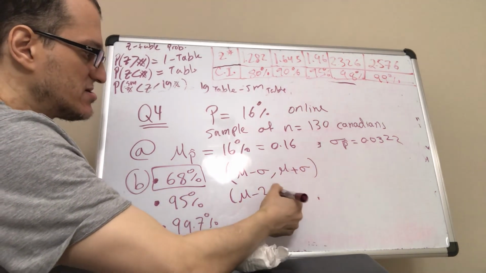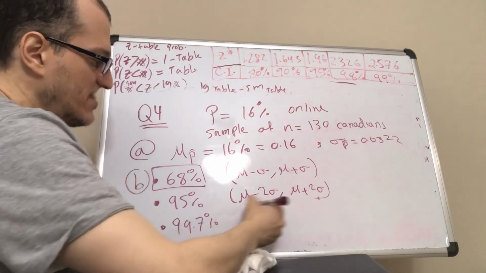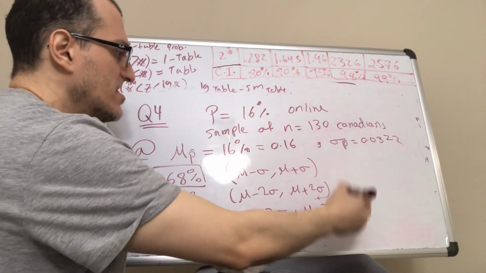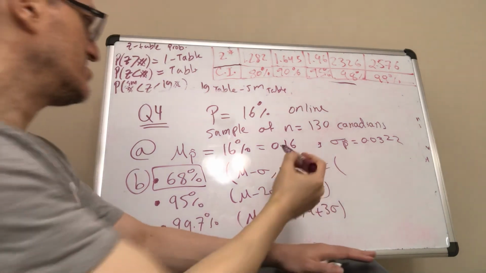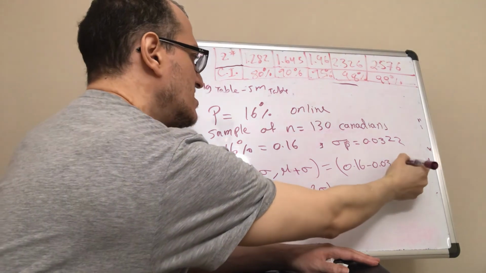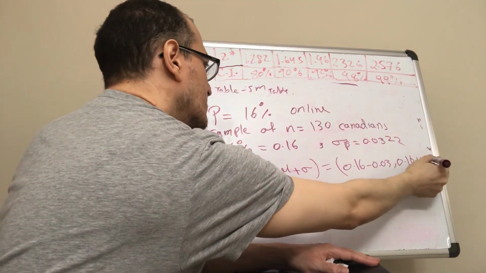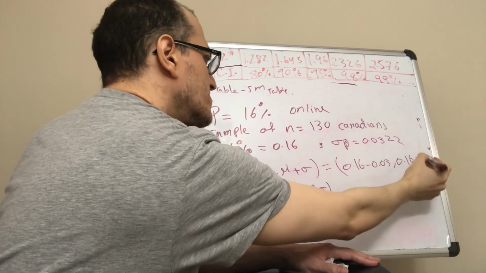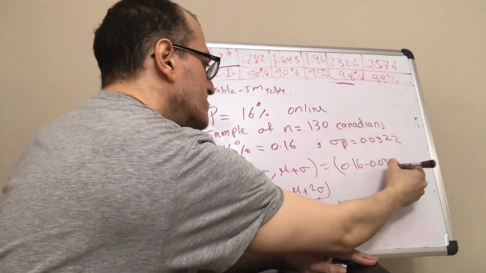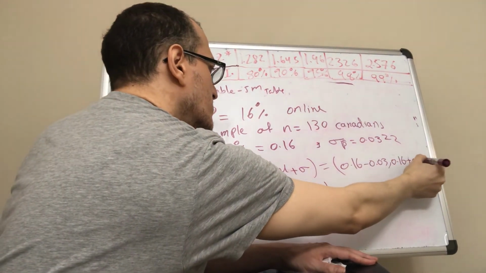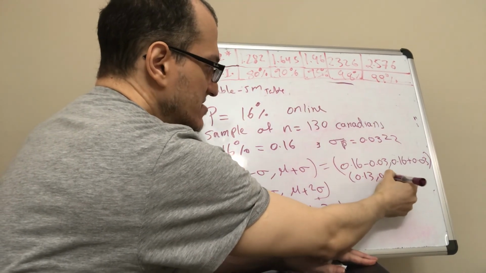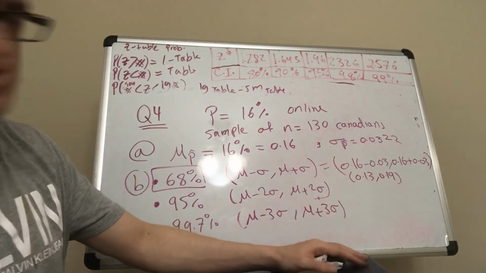The 95 is mu minus 2 sigma, mu plus 2 sigma. The 99.7 is mu minus 3 sigma, mu plus 3 sigma. So 16%, sigma say 3%, and here's 16 plus 3. And that will give you 13 and 19. And that's the answer for the question, 13 to 19.